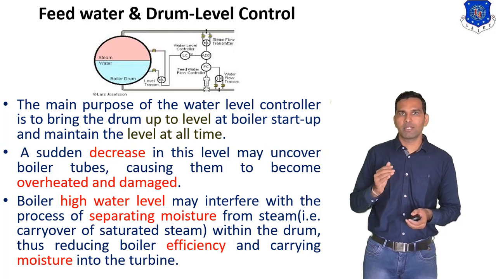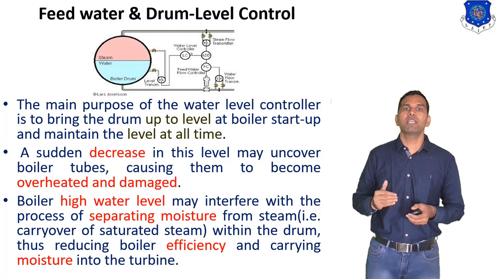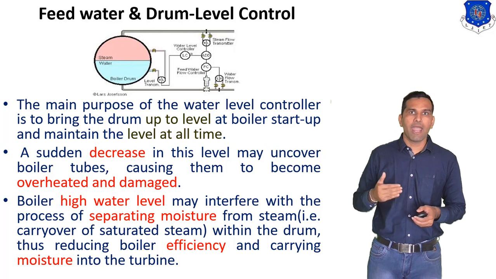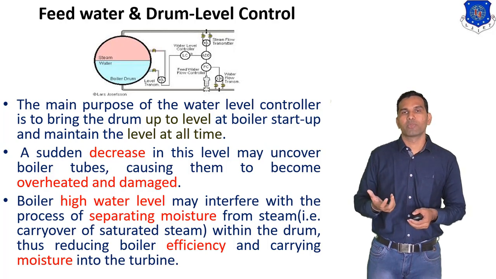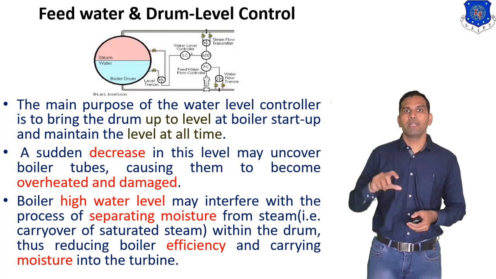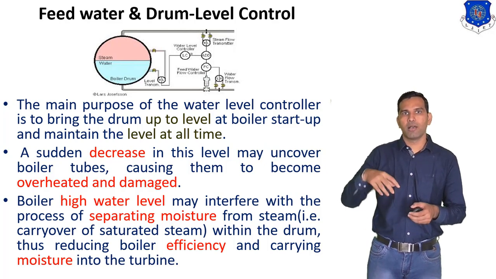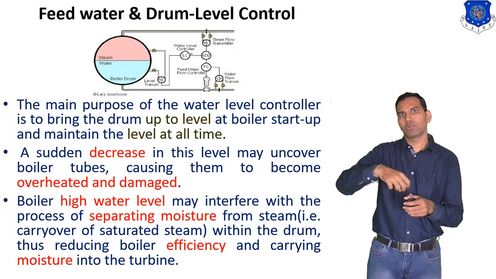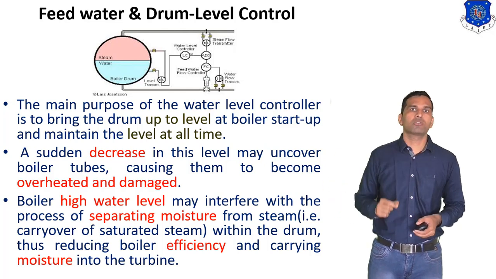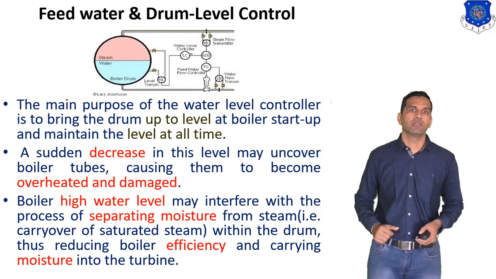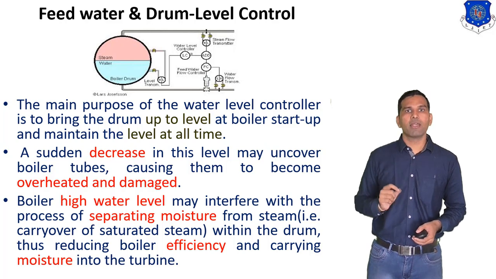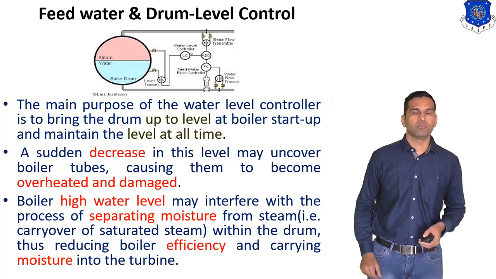It affects the efficiency of the boiler and creates moisture inside the steam, and it affects the turbine, because we know this steam goes into the turbine, so it also affects the performance of the turbine. That's why we require the boiler drum control system.